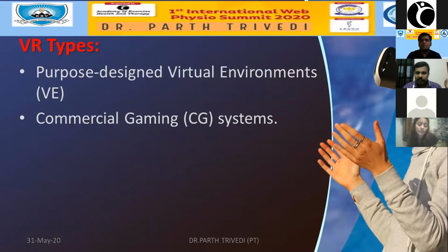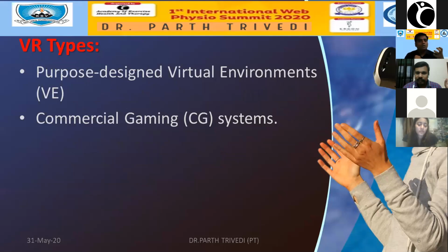Not going into much more detail. What are VR types? There are basically two types: purpose designed virtual environments and commercial gaming software. What the majority of us are using is commercial gaming systems on our phones. And when we talk about rehab, it is all about purpose designed virtual environments.